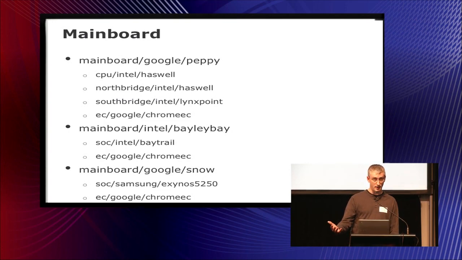The Bayleybay Bay Trail reference board is an SoC, so we have that Bay Trail support in soc/intel/baytrail. And for example, the Snow motherboard, which is actually the Samsung ARM Chromebook, we did a port to coreboot for this project. It didn't ship with coreboot, it shipped with U-Boot, but we did an early port to this project, and it's in the SoC directory for that Exynos chip.